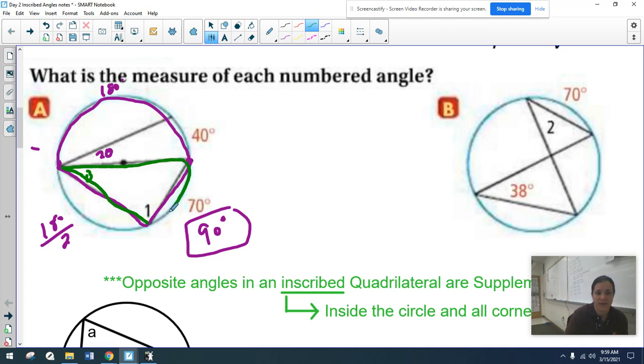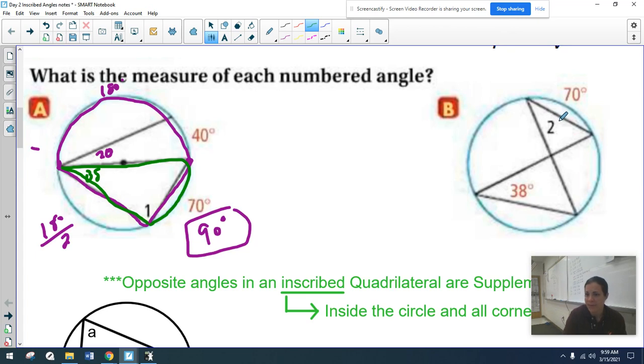That's going to make that 70-degree arc, so if you cut the 70 in half, you get 35 right there. If you add these up, 20 and 35 gives you 55, and that makes this angle. So 55 doubled is 110, which is the same thing as 70 and 40. They already gave you that anyway. I'm just trying to give you a bunch of different examples, not to overload you, but to get a light bulb.